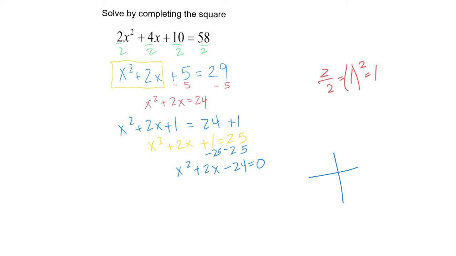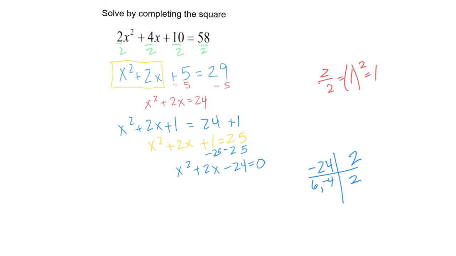Okay, I need two numbers who multiply together to be -24, who add together to be 2. And that's going to be 6 and 4. My 4 is going to be negative.